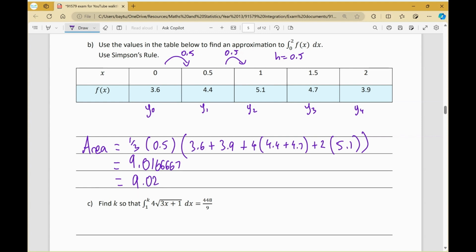There's no units for that, so that is just the answer. And that is another achieved question.